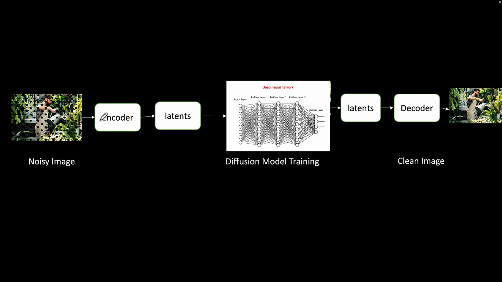The job of the encoder is to generate a lower dimensional representation, the latents, which are then processed by the diffusion model to remove the noise from the image. The diffusion model outputs another set of latents, which are passed through another network called the decoder, and the decoder is what generates the clean image. So the diffusion model only works on the latents, input as well as output. That is one important point I wanted to address here.